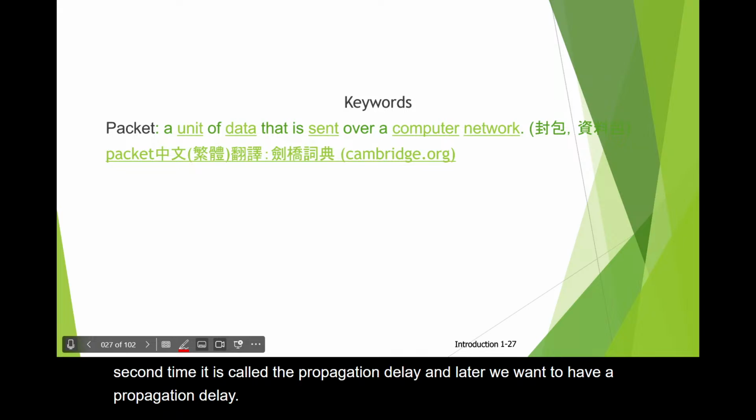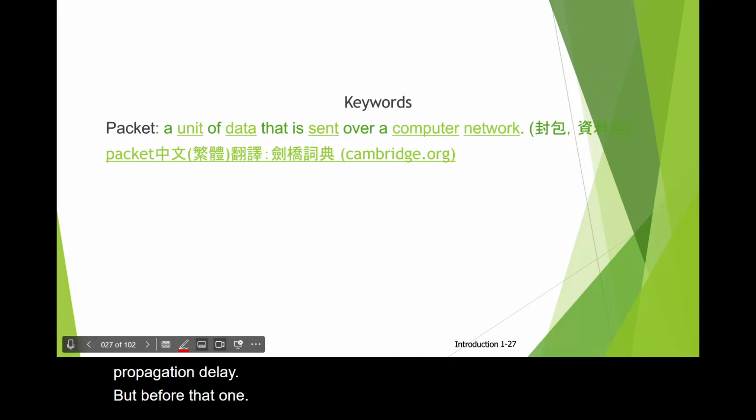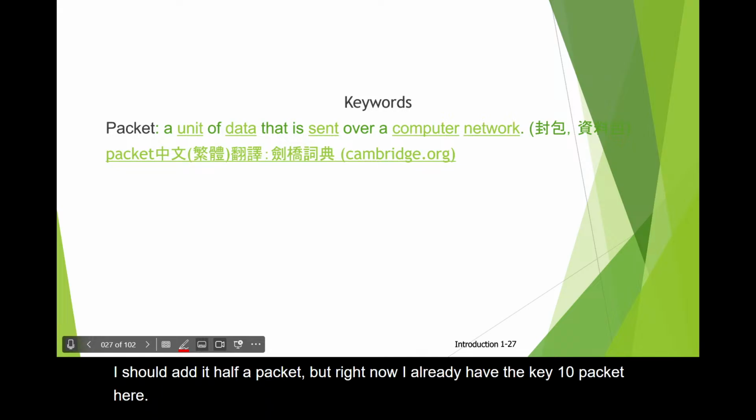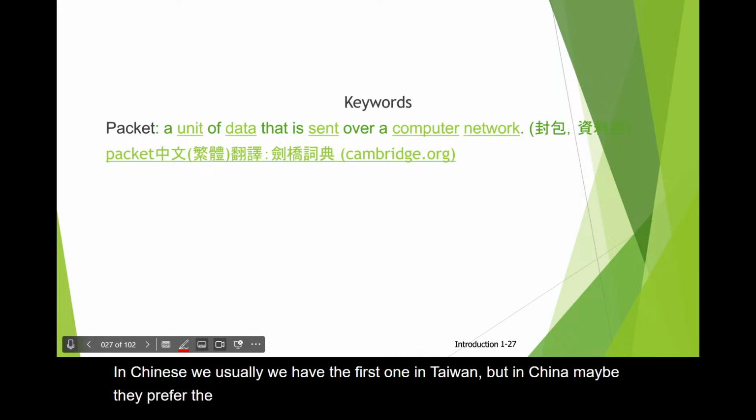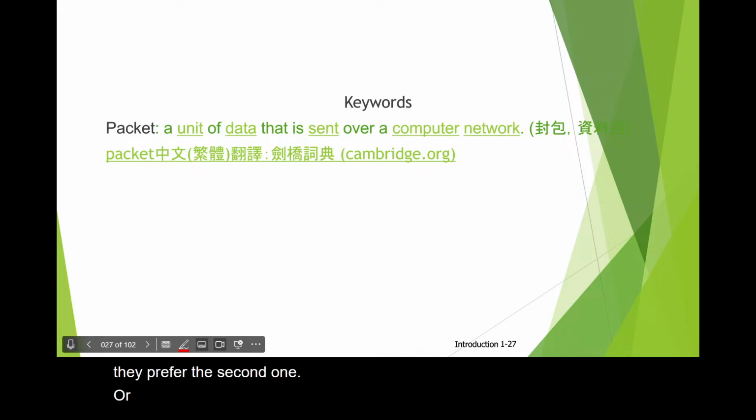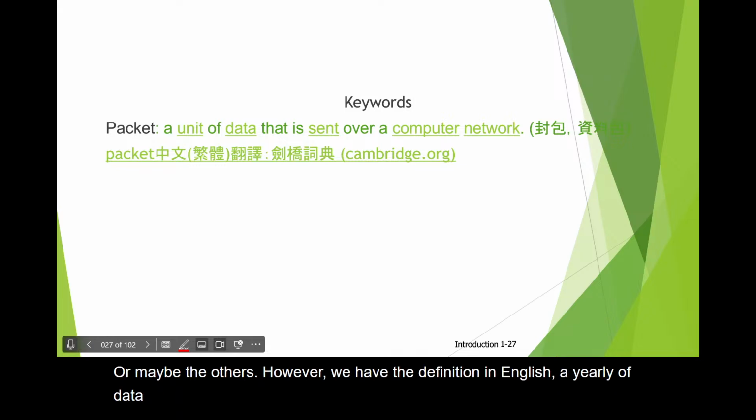Later we will discuss the propagation delay. But before that, I already have the key term packet here. In Chinese, we have the first term in Taiwan, but in China, maybe they prefer the second one. However, we have the definition in English: a unit of data that is sent over the computer network, and we call it a packet.